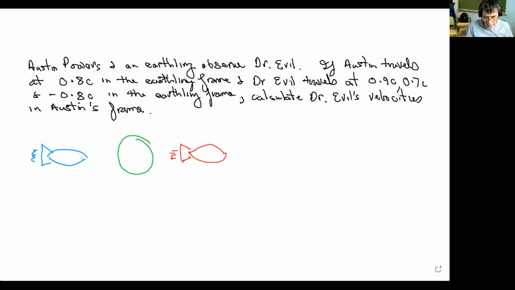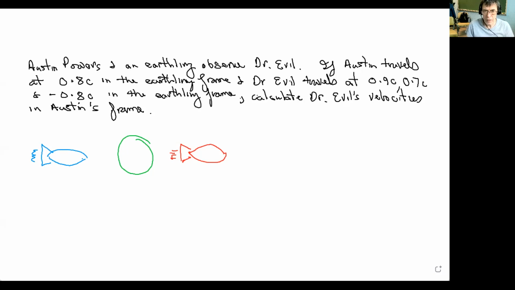And we're told that from the Earthling's frame of reference, Austin Powers in his spacecraft is traveling at 0.8 of the speed of light, and that Dr. Evil is traveling at several speeds: 0.9 of the speed of light firstly, then 0.7 of the speed of light secondly, and then changing direction, minus 0.8 of the speed of light.